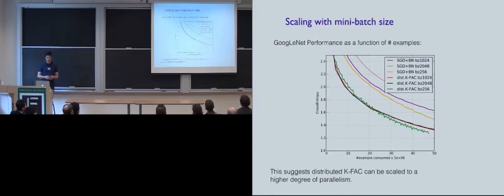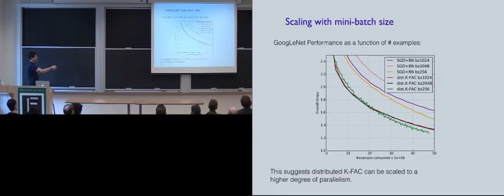And so returning to the question of how far we can scale this up, I mentioned that if you try to train stochastic gradient descent in parallel on a cluster, you get diminishing returns as you increase the mini-batch size. Here we have a plot of the training error as a function of the number of training examples that were visited.